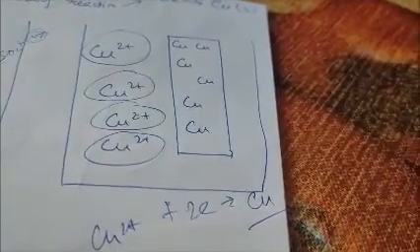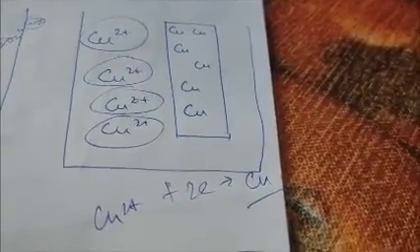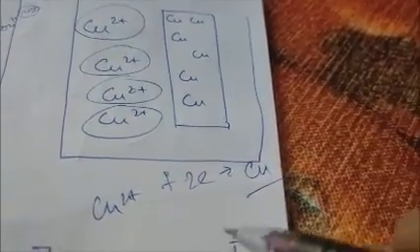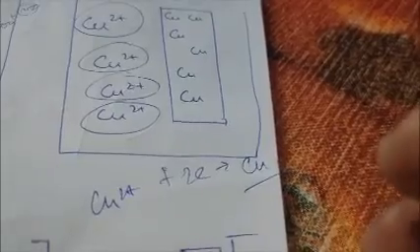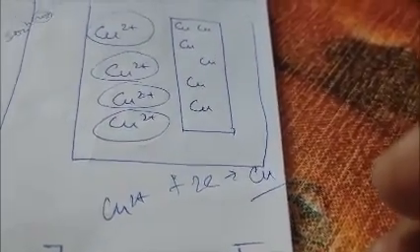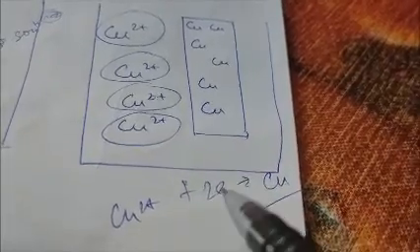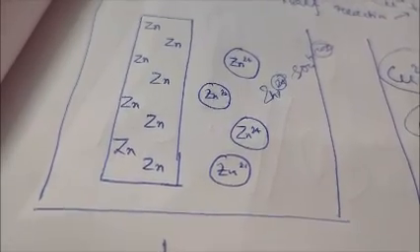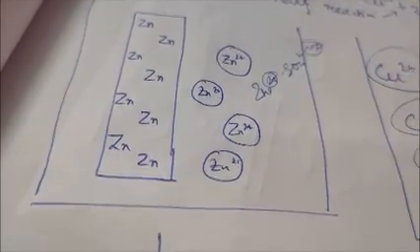This copper goes back to the electrode and is deposited over the electrode. So this electrode is increasing its size by gaining more and more copper from the solution, which has been converted from Cu2+ after getting the 2 electrons, and the other electrode is depleting in the course of the reaction as the reaction progresses.